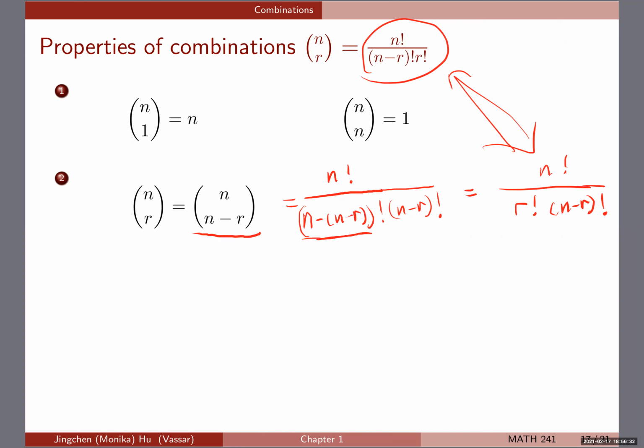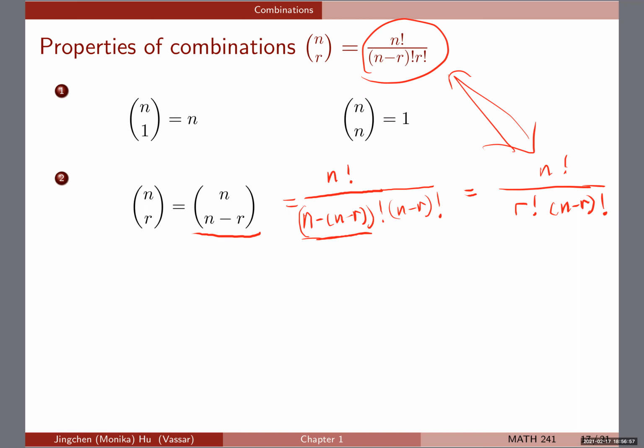And now let's think a little bit more creatively about why they are equal to each other. In the marble case, if you remember, we have 4 marbles, 2 red and 2 blue, and we're trying to arrange them, right? And I was saying that choosing the 2 places for the red is equivalent to choosing the 2 places for the blue, okay? So this is the same reasoning here.